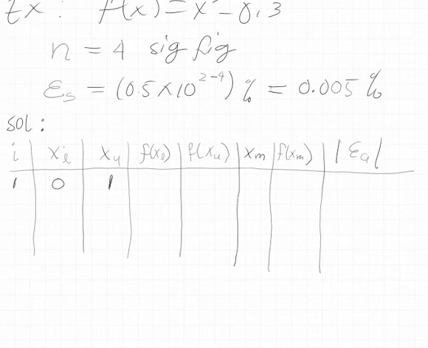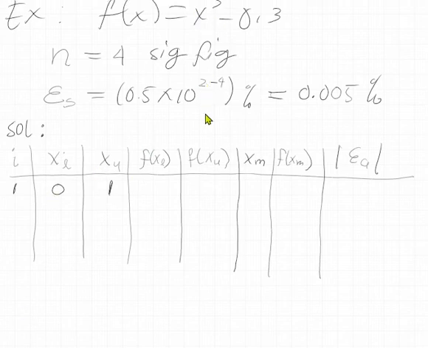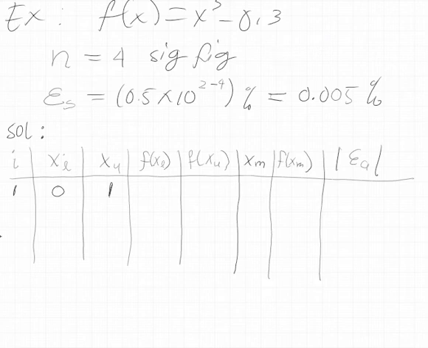The next, we evaluate what will be f of xl. So we substitute 0 to our function. So 0 cubed minus 0.3 will be equal to negative 0.3. Then for the upper, 1 cubed minus 0.3, so 1 minus 0.3 is 0.7. Then xm, what's our xm? Midpoint. We just take xl and add it with xu, 0 plus 1, then we divide it by 2. So 0 plus 1 is 1 divided by 2, 0.5.